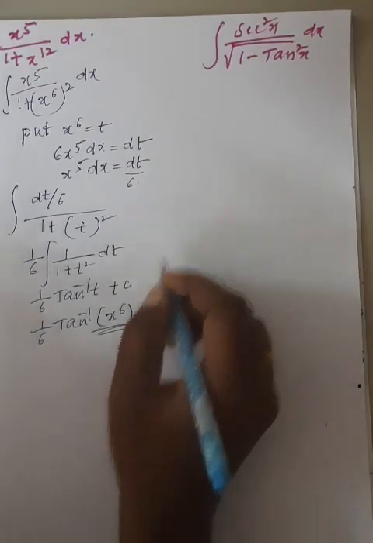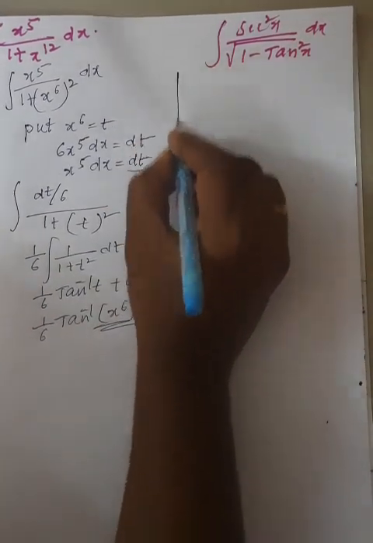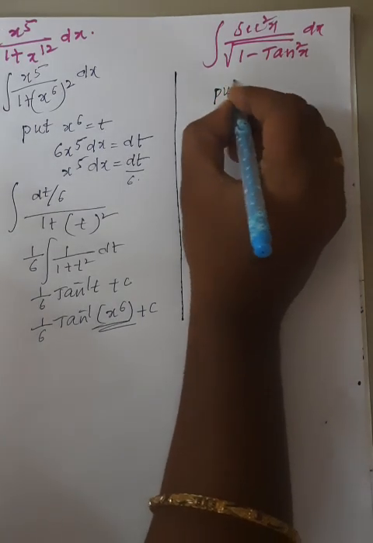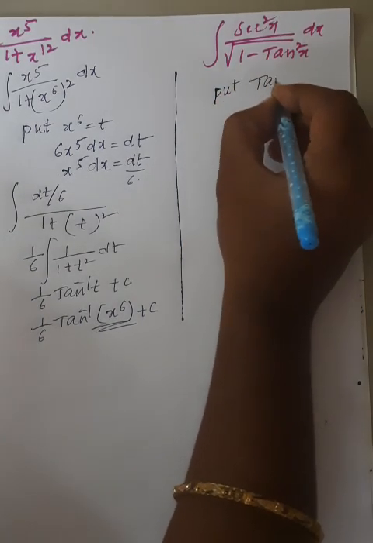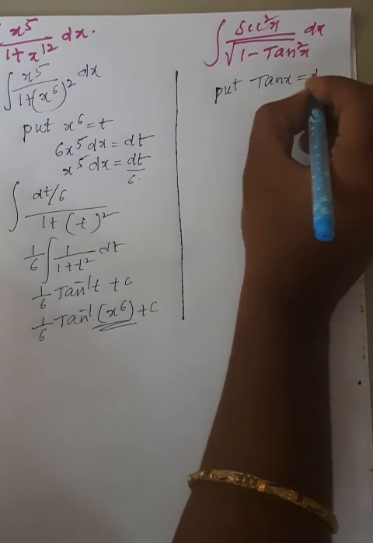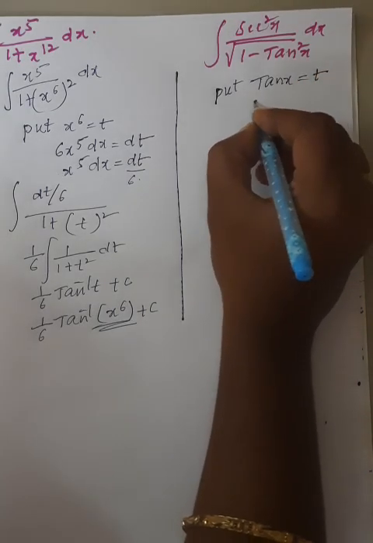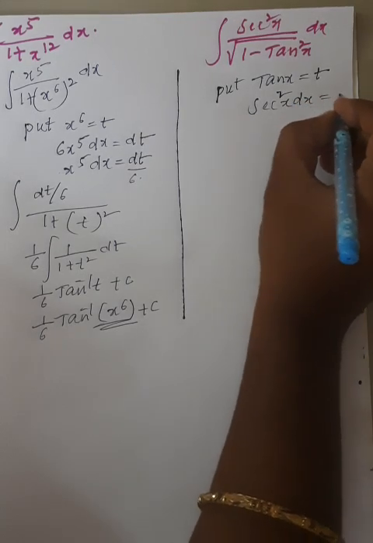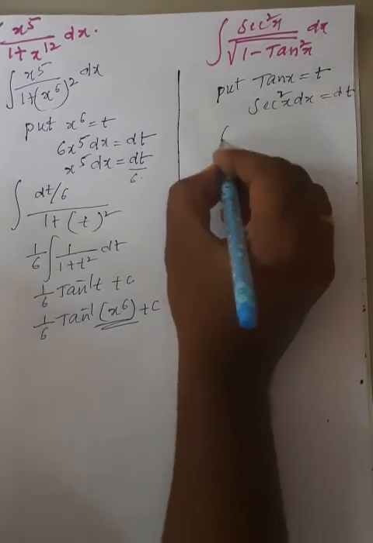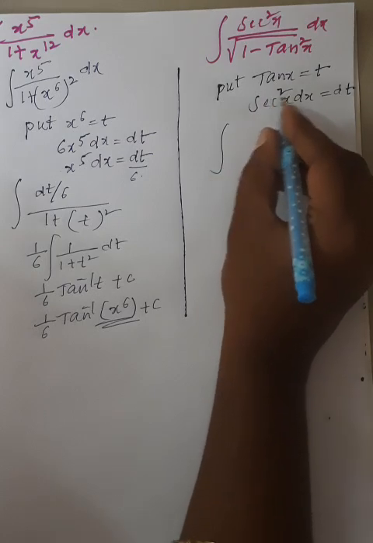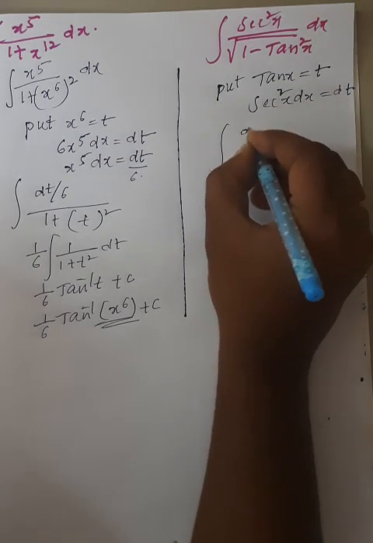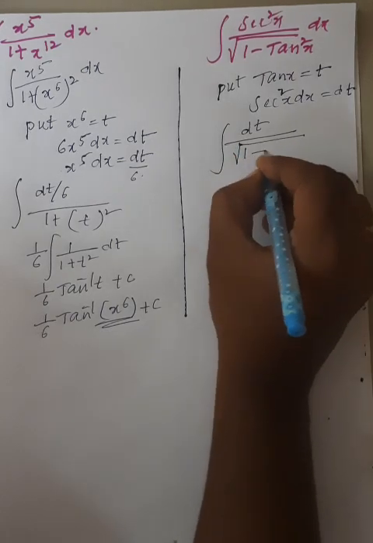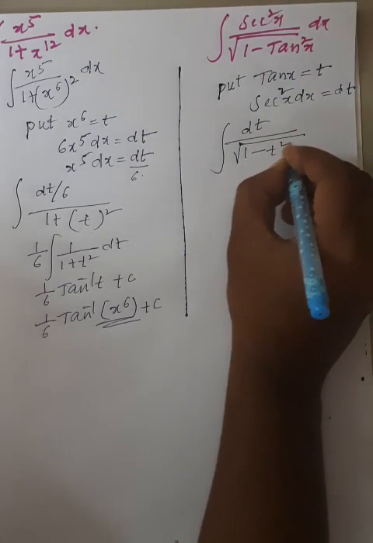Similarly, we can solve this question also. Directly we can take tan x is equal to t. So put tan x is equal to t. Then differentiate both sides, you will get sec square x dx is equal to dt. So integration of sec square x dx can be written as dt in numerator, and under root of 1 minus tan square x can be taken as t square.